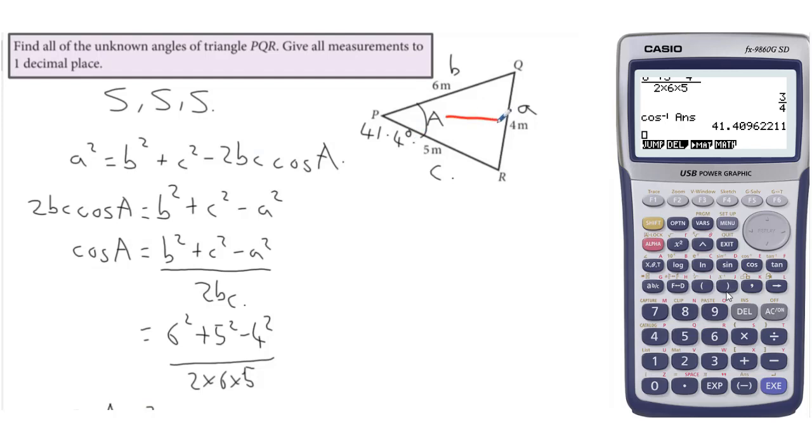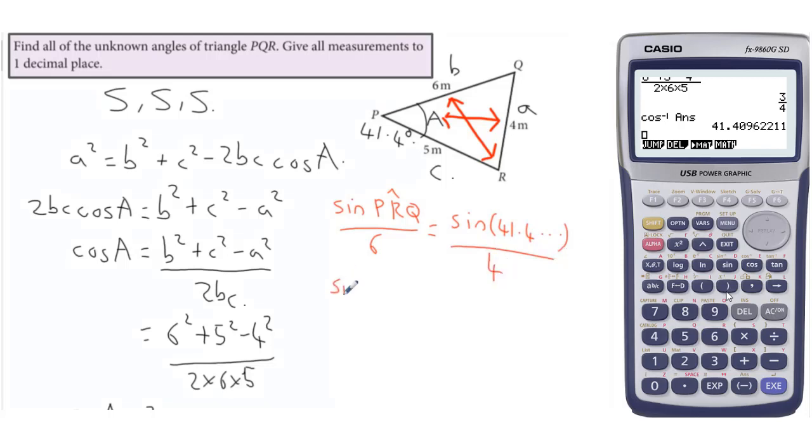So I'm going to say, well, these two are an opposite pair. So maybe the 6 will find this angle at R. So I can call that PRQ. So sine PRQ over the side opposite, 6, equals sine of the angle we just worked out, so 41.4 and so on, over the side opposite to that, which is 4.